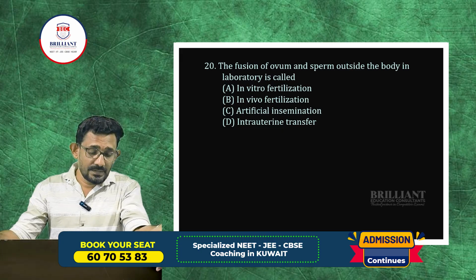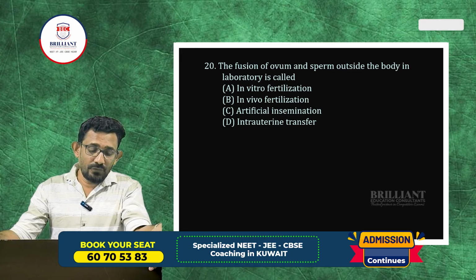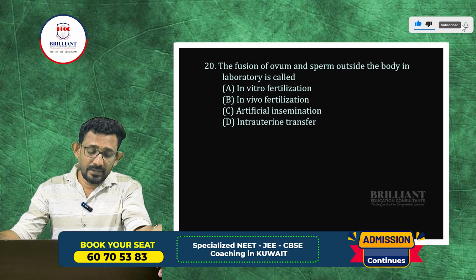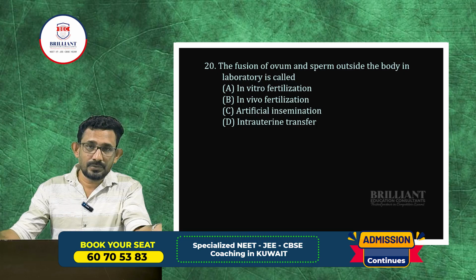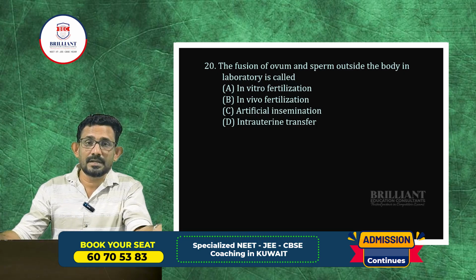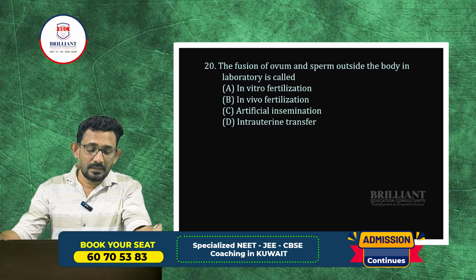Then the last question is, the fusion of ovum and sperm outside the body in laboratory is called. See, assisted reproductive technology has two techniques, in vitro fertilization and in vivo fertilization. Both are done by using assisted reproductive technology.